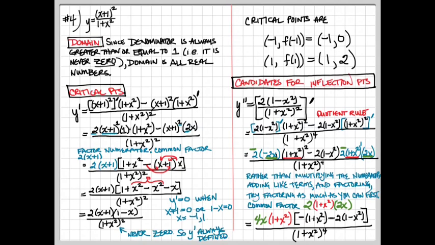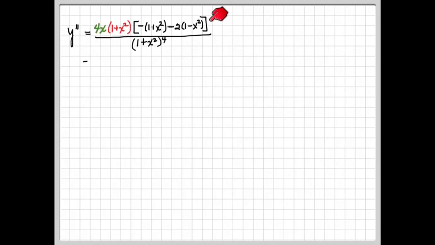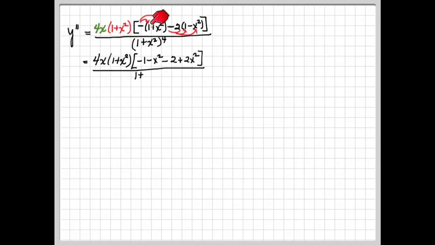Let's copy our last line over to the next page and continue simplification from there. Within our brackets, we're going to want to distribute the negative sign and the negative 2. Distributing the negative sign here gives us a negative 1 minus x squared. Distributing negative 2 gives us a negative 2 plus x squared.